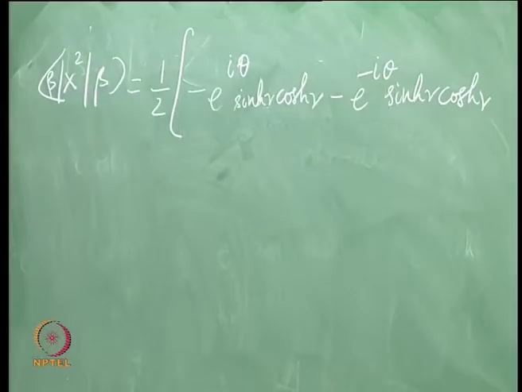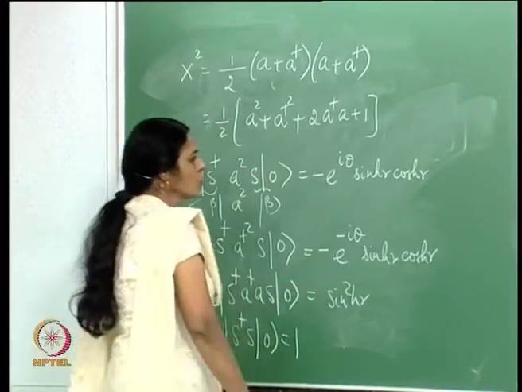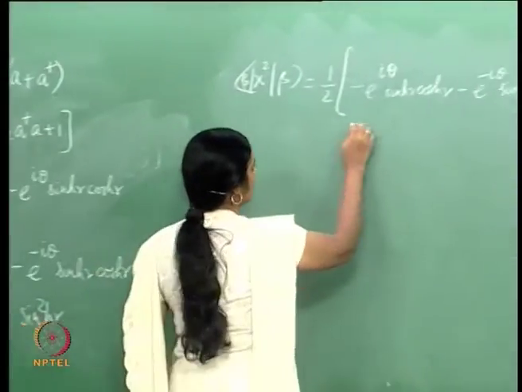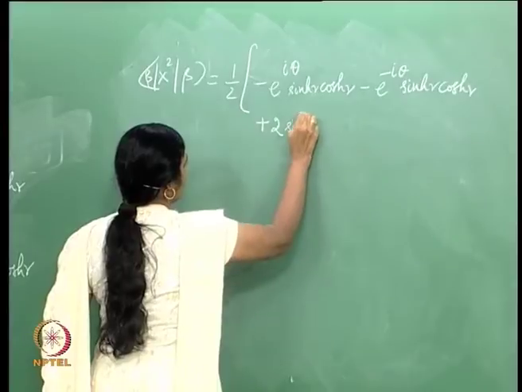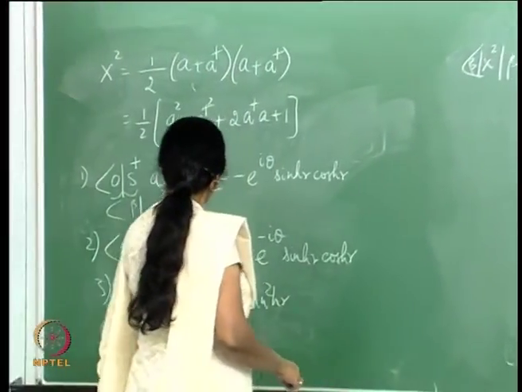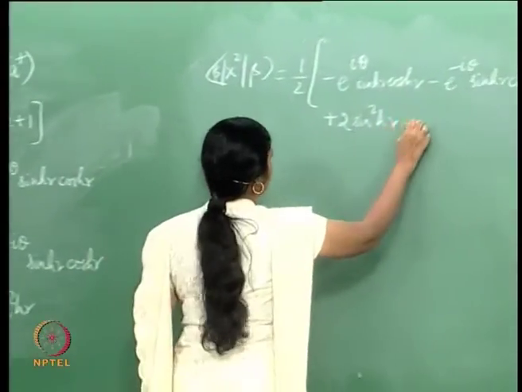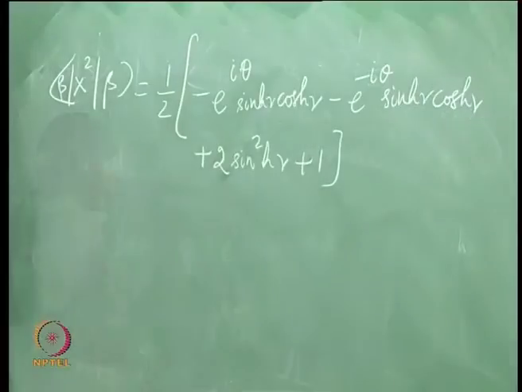So that takes care of a squared plus a dagger squared plus twice a dagger a, that is 2 sin squared hr, plus 1, and that is just a 1 there, and the whole thing multiplies half.